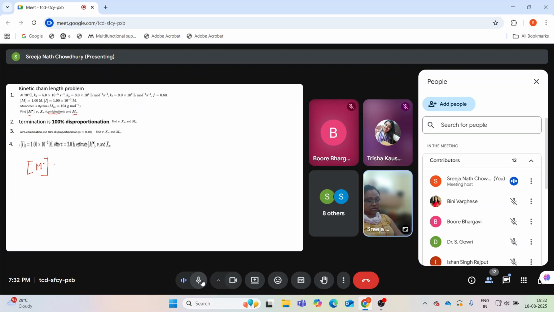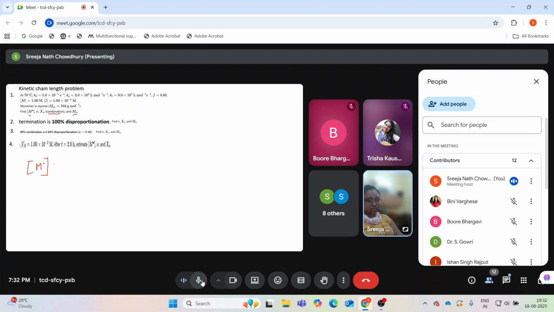Now we have to find Rp by Ri. Here we know it is Kp M divided by the radical concentration. So we have all the values except m dot, so we have to calculate m dot.